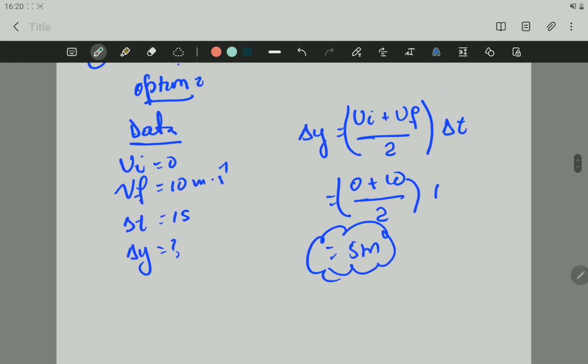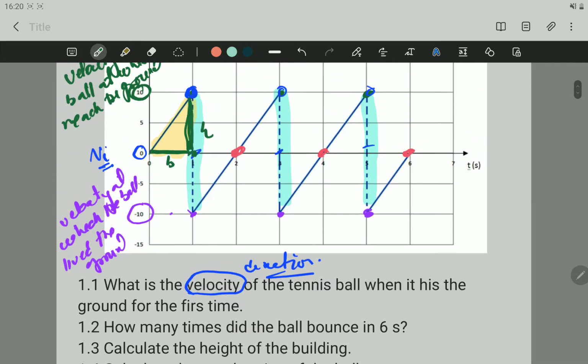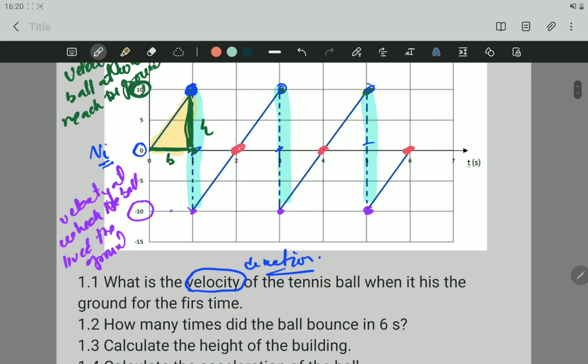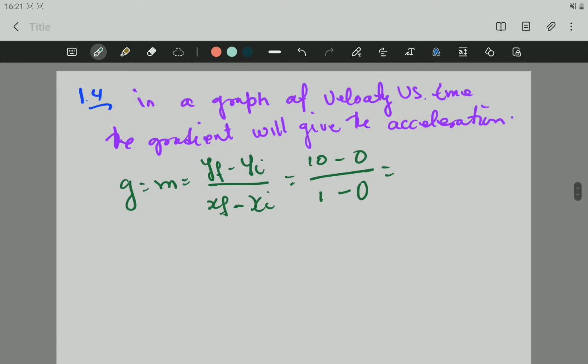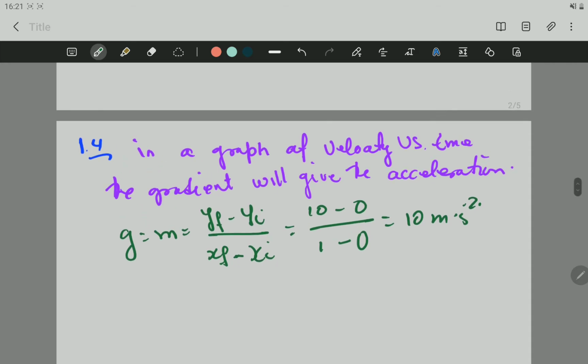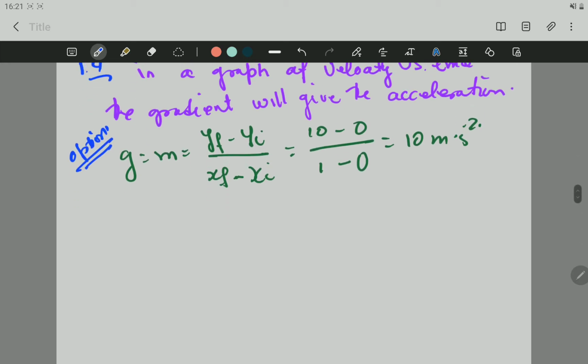You can see here from the graph, this is the final y, this is the initial y, this is the final t, this is the initial t or the initial x. The calculation is 10 divided by 1, which is 10 meters per second squared. This is option 1.